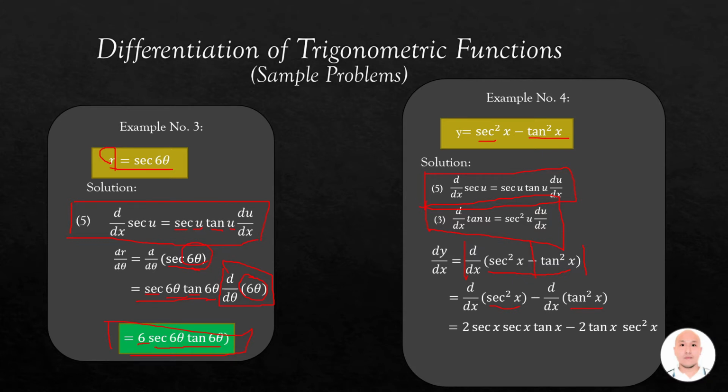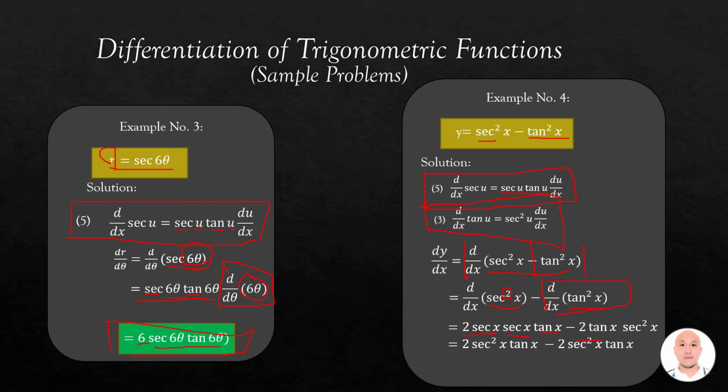Then, for d over dx secant squared x, this is also in power form. So we have here the 2 secant x, then this formula sec u tangent u, so sec x tangent x. Minus, for the second derivative here in tangent, we have 2 tangent x, then the secant squared x.